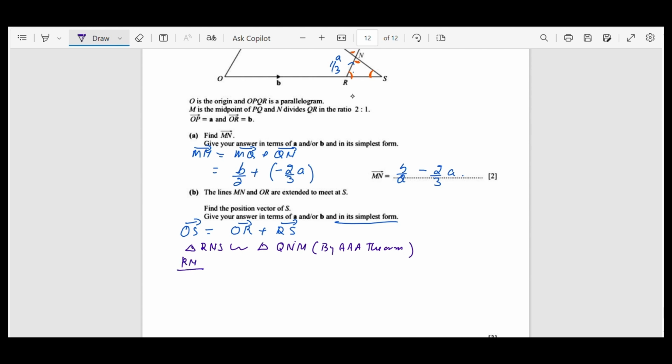Right? So by this, RN over QN will be equal to RS over QM.